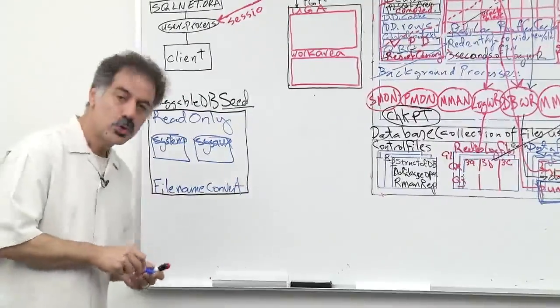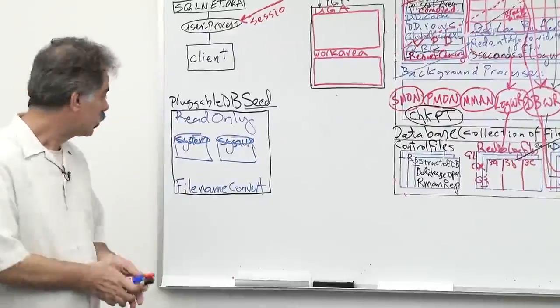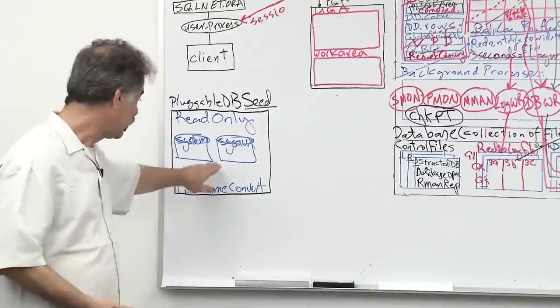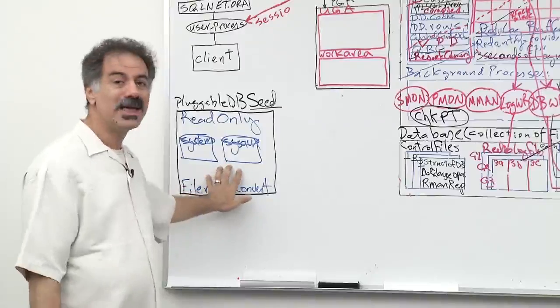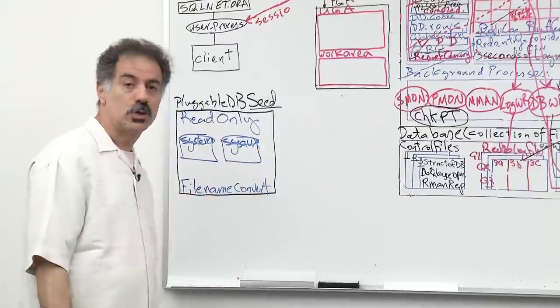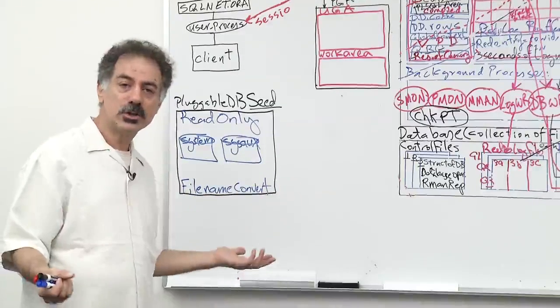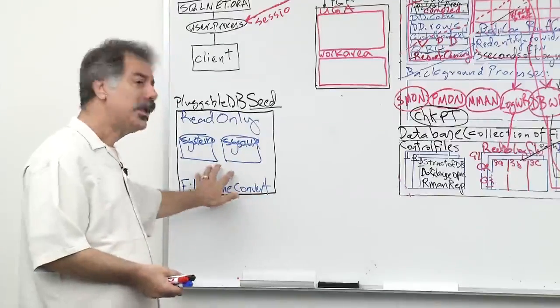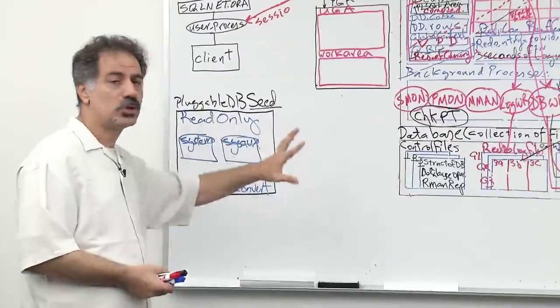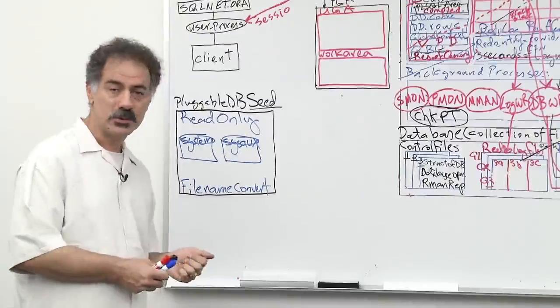Therefore, when you create files based on the file name convert associated to each pluggable database, we know where the files are to be created. So you can use Flex architecture and automatic file management with an Oracle database. It knows where to create the files associated to each pluggable database.